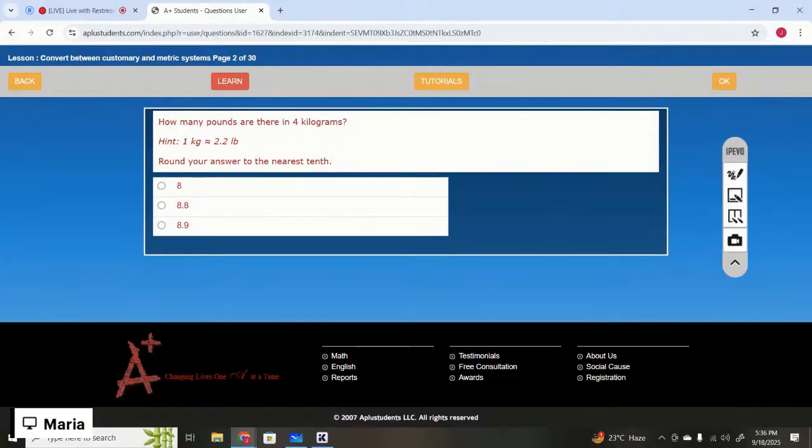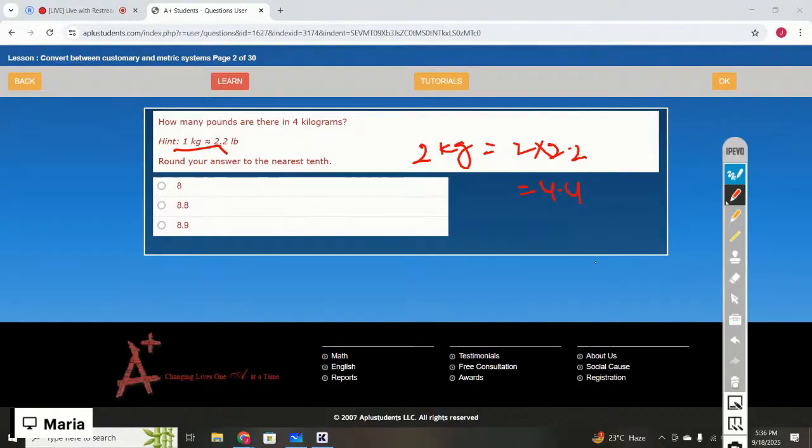How many pounds are there in 4 kilograms? That is 4 times 2.2.